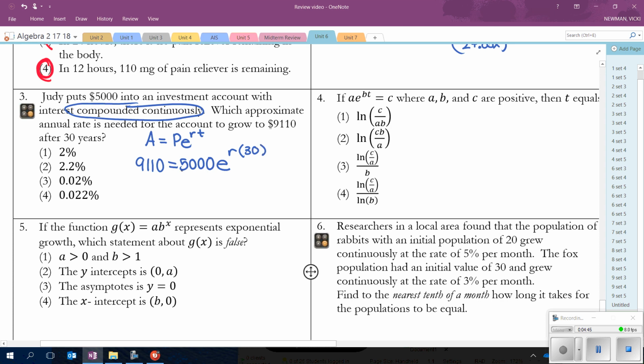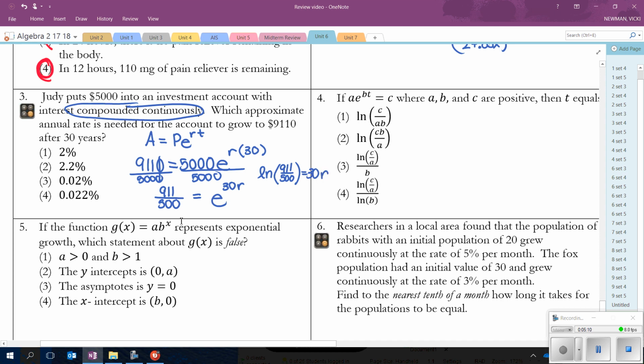Divide by 5,000. So 911 over 500 is equal to e to the 30r. Change to log form, so ln of 911 over 500 is equal to 30r. Divide by 30.